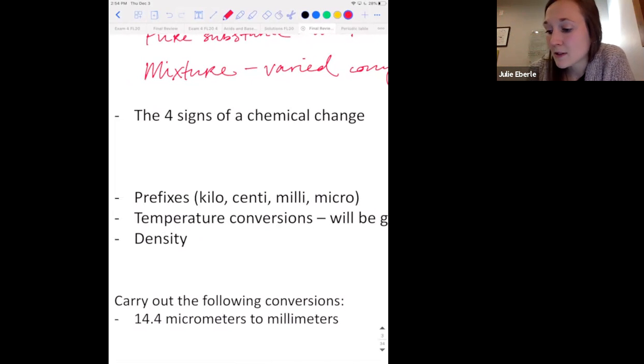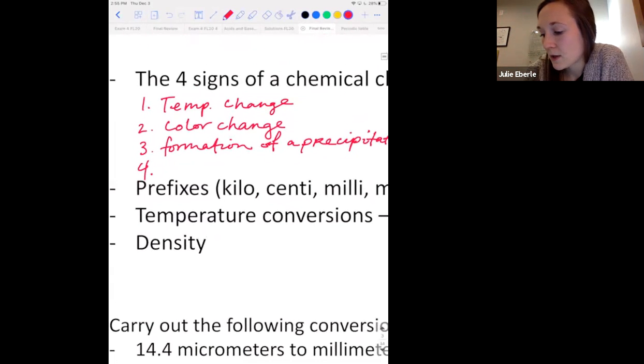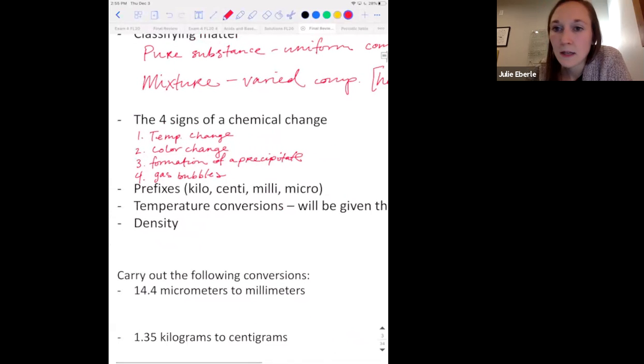But a chemical change happens if you get one of these 4 signs: a temperature change, a color change, if you form a precipitate, or if you get gas bubbles. Any of those things indicate for sure a chemical change.